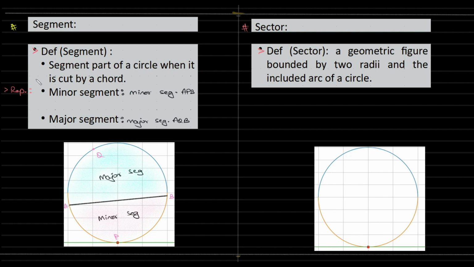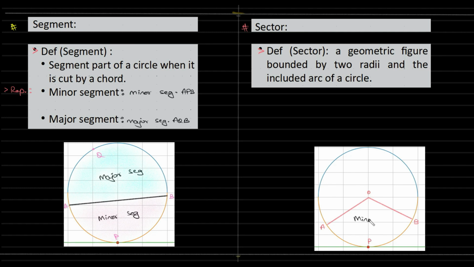Next, a sector. Sector is a line. Sorry, not a line. The space inside the circle bounded by the radii, that is the two radius, and the arcs. So here too we have major and minor.